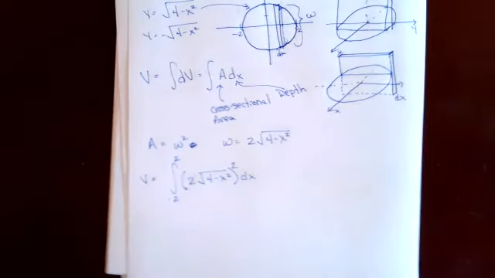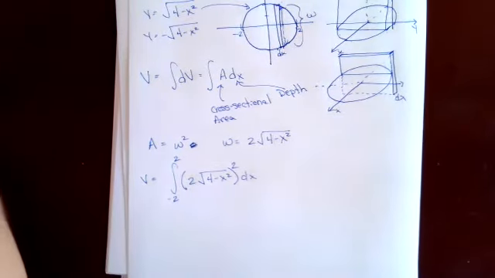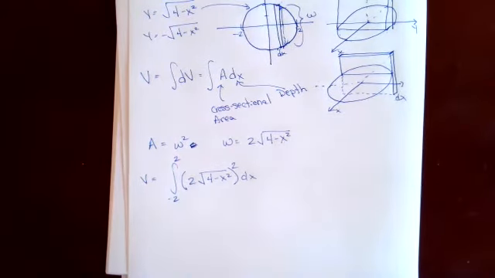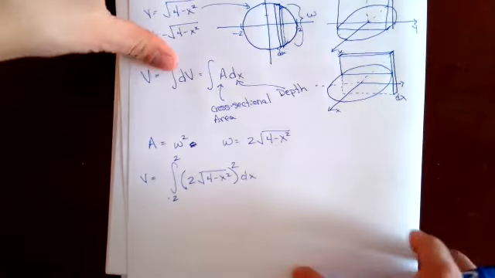What's the next one? I think that we use a similar shape. Where'd that project go? The next one says we've got the same thing as a base, a circle of radius 2 centered about the origin. Cross sections are perpendicular to the x-axis, but now are equilateral triangles.